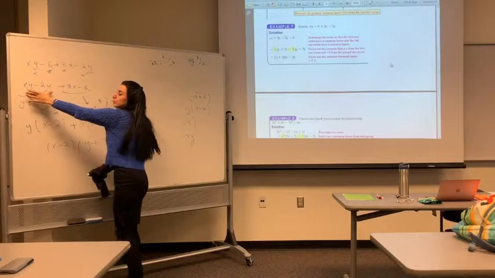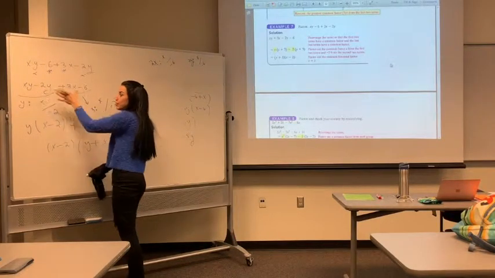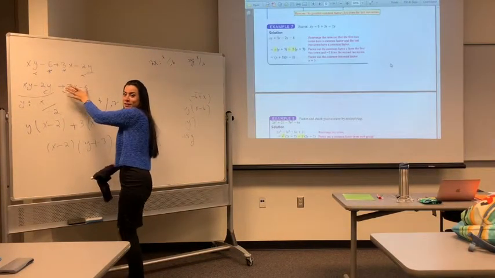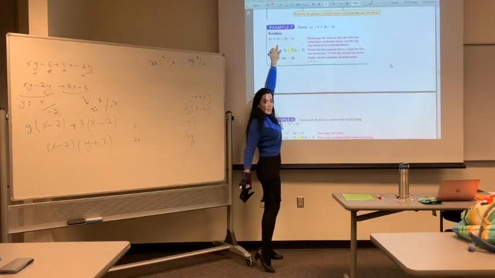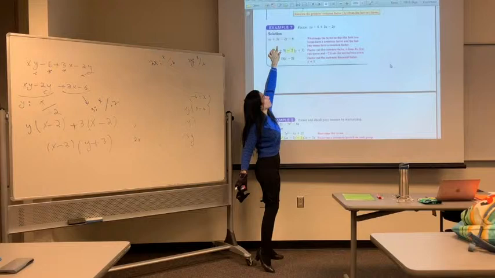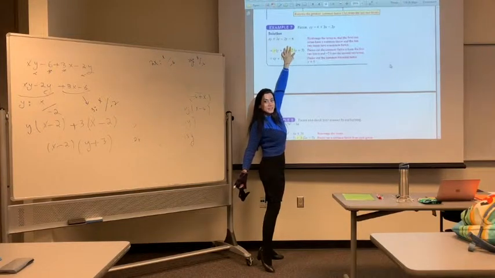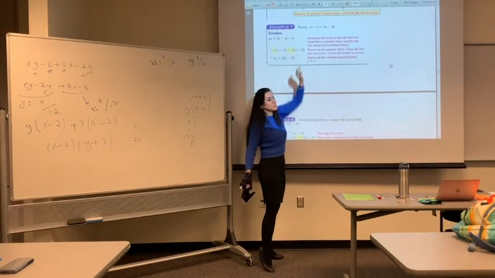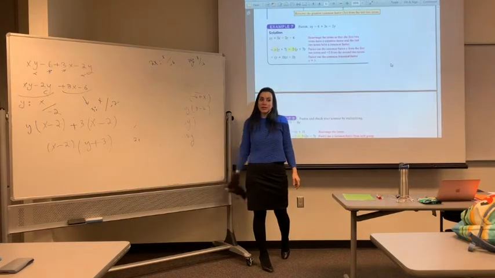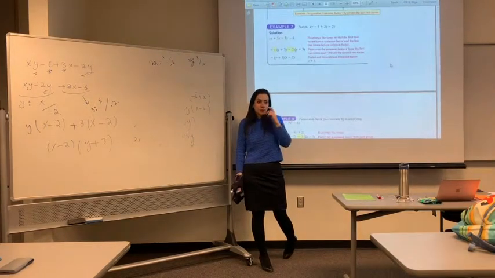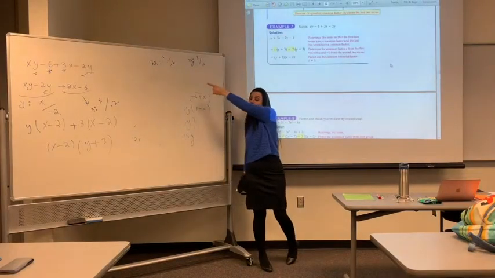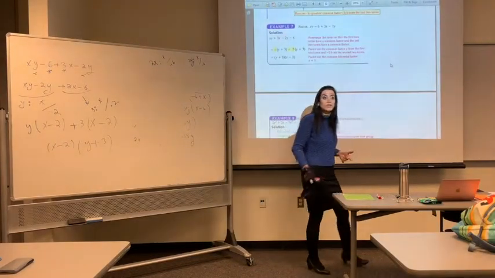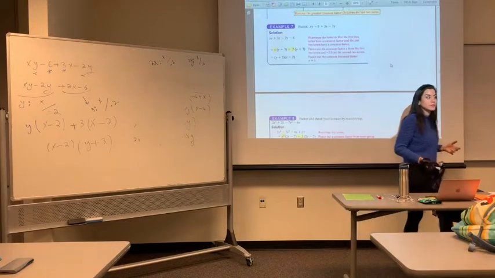The group I chose is this group and this one. The group they chose is xy and 3x. The other group is -2y and -6, which is different from the group I chose. But they are correct because if you use the ratio method, it will give you exactly the same ratios.